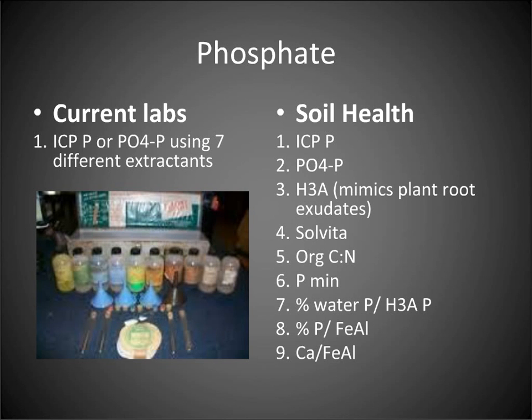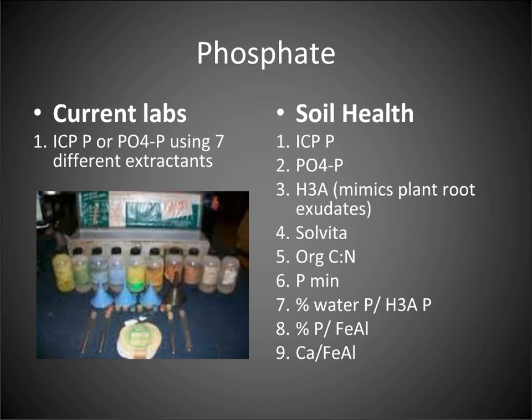So in our deal, we use both machines, an ICP and a colorimetric machine. We use the extractant I developed that mimics the plant root exudates. And again, we use respiration, the C/N ratio. We have a P mineralization equation. We look at the percent of P we get from a water extract versus the percent that's extracted with my extractant.